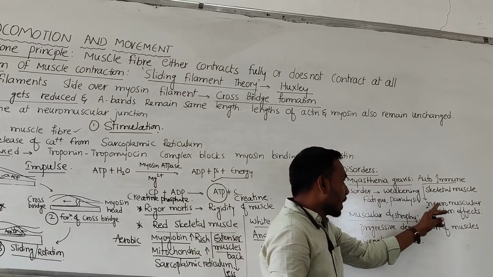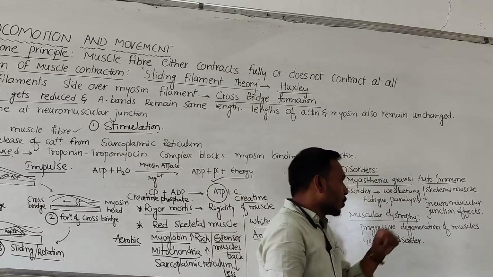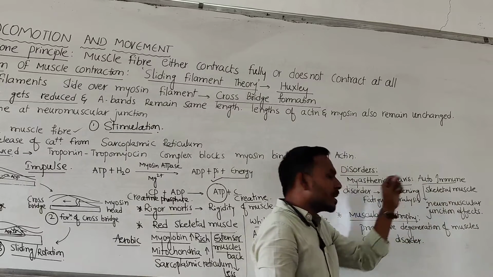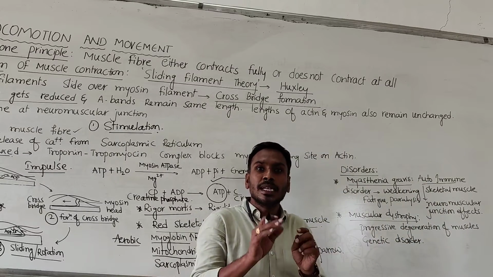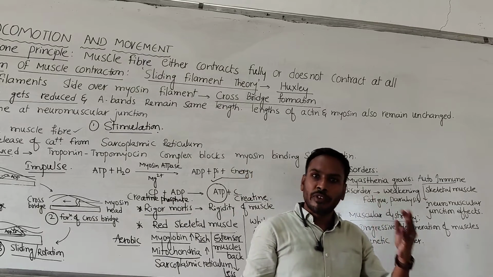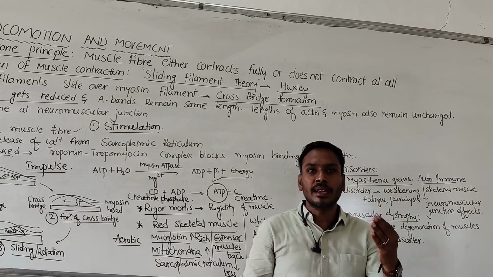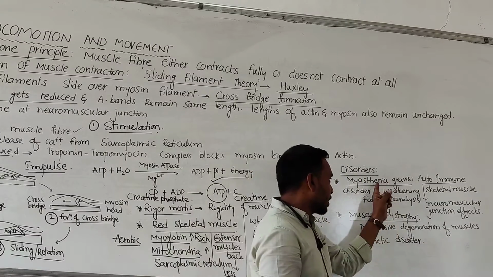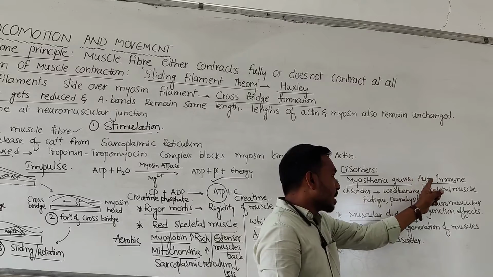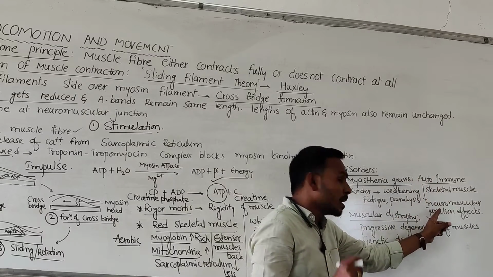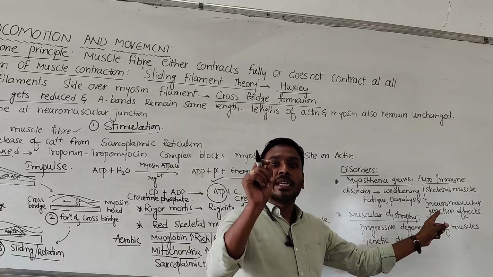Due to the destruction of the neuromuscular junction, weakening of skeletal muscle is observed, where muscles do not contract properly, which leads to fatigue and finally to paralysis. Right? So this is myasthenia gravis. Immediately, the keyword is autoimmune disorder, and the neuromuscular junction is affected.